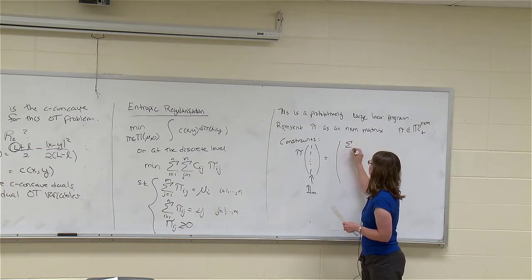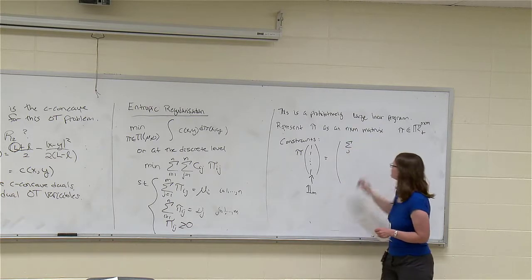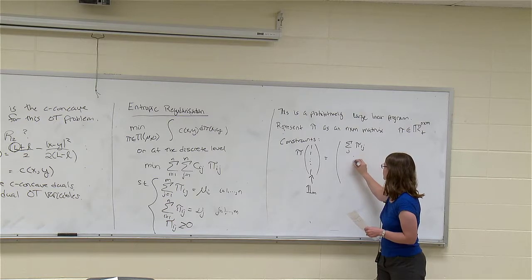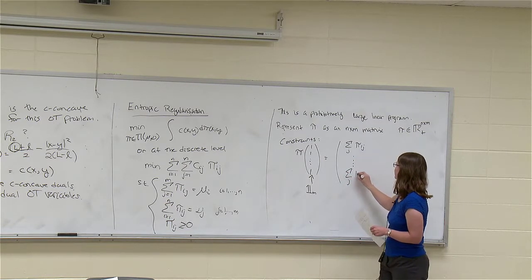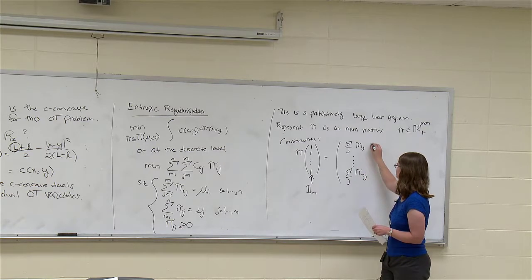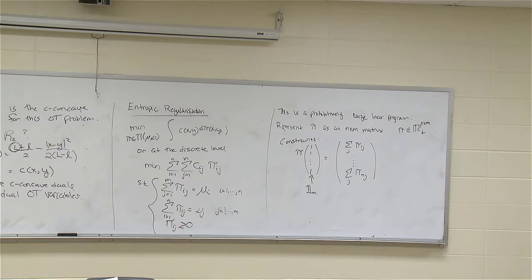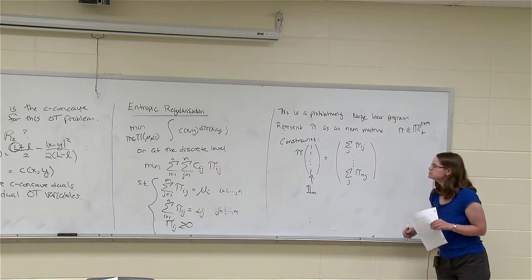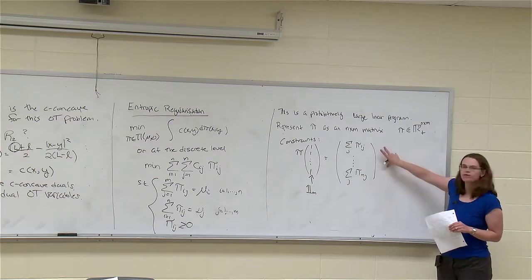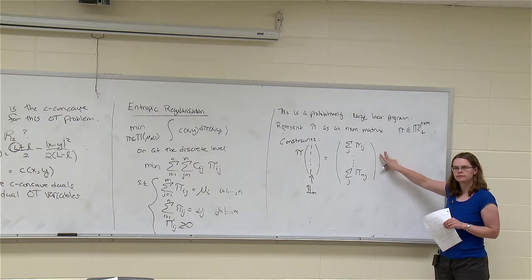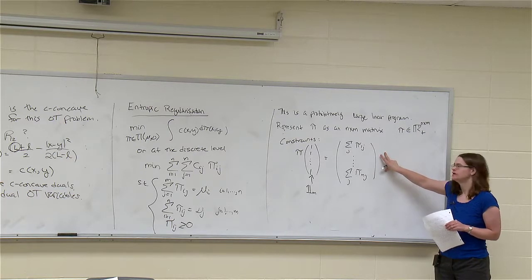So what is this going to do? This is going to add up over all the j's: pi 1j, pi 2j, all the way down to pi nj. And what's another name for this vector? Mu, yeah.